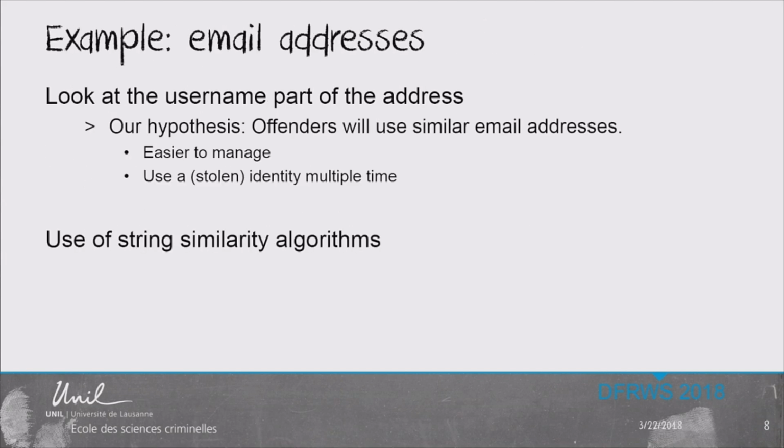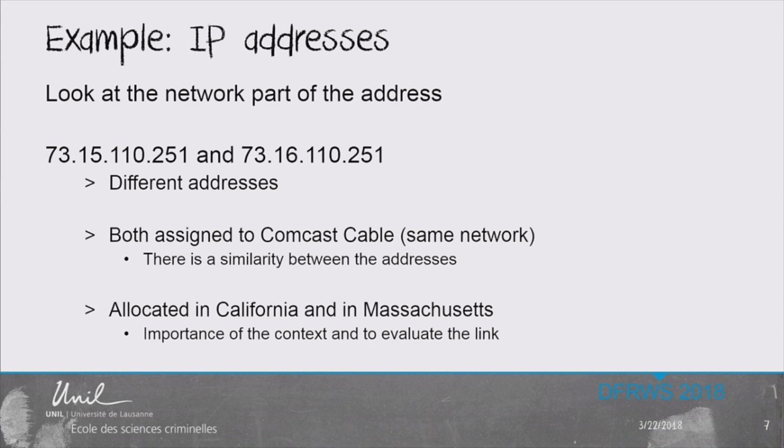So we can take as an example IP addresses. We can say, okay, let's check if in our cases some IP address come from the same network. So, for example, those two IP addresses are just different from 1 bit. So if we do exact matches, we will not see anything. But if we look at the network, we will see that they come from the same network. So it's a true positive.